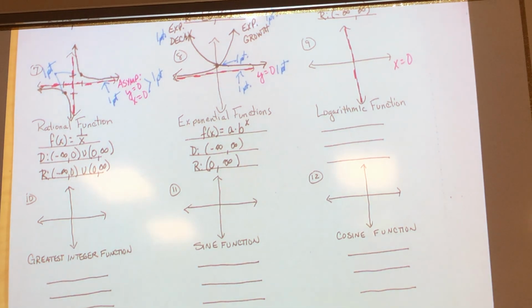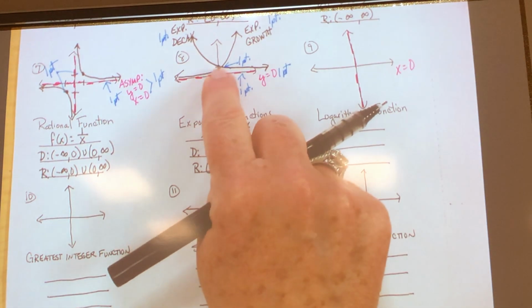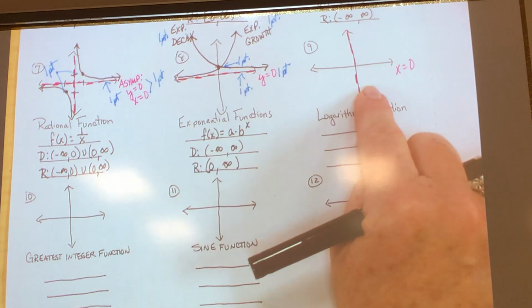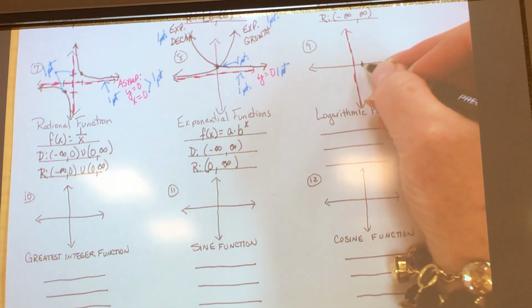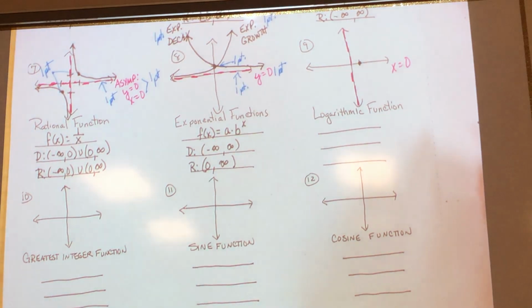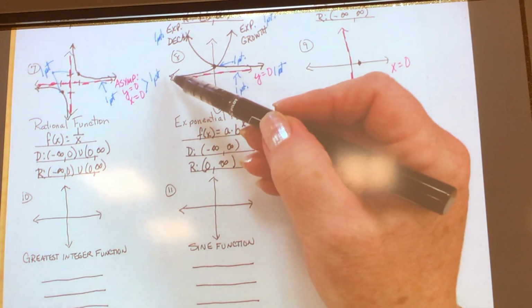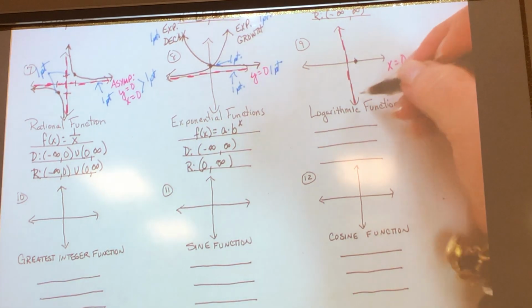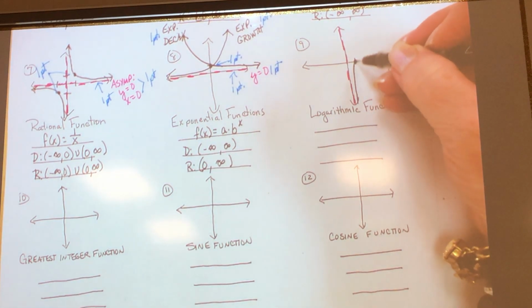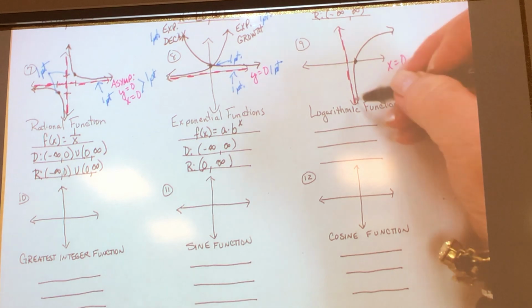Now, watch this. This one has a point at (0, 1). Where's this one going to have a point? (1, 0). This one comes off of the x-axis and goes up. This one's going to come off of this y-axis and go up like this.